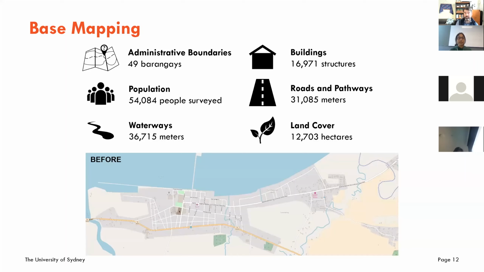And so these are some of the numbers that we had behind that initial mapping, all using open data tools. Everything that we used for this project didn't cost the local government anything, because in a lot of cases, again, they can't afford the expensive software that we often take for granted here.